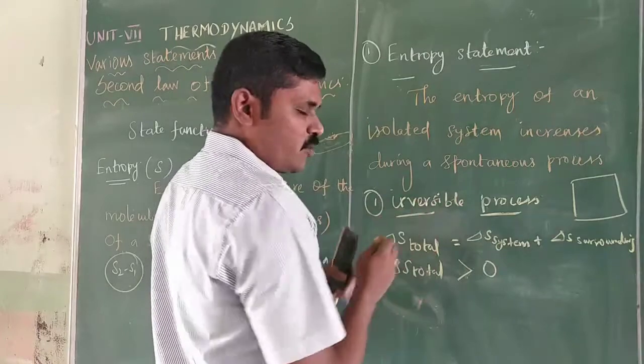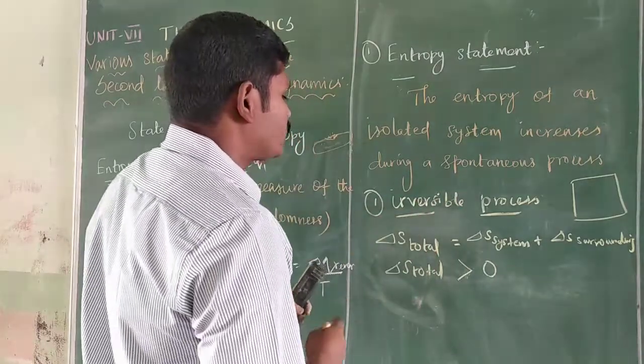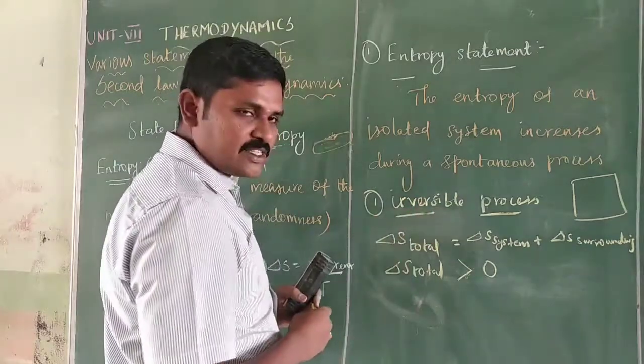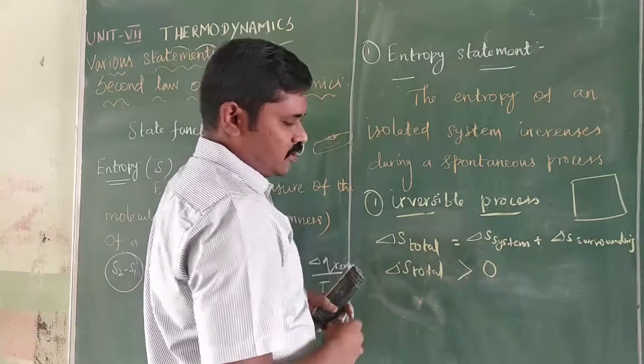This is a very, very important one-mark question. For an irreversible process, del S total is always greater than 0.